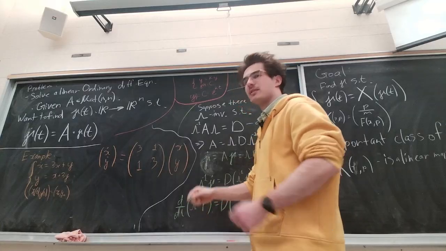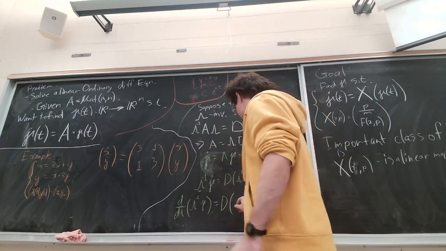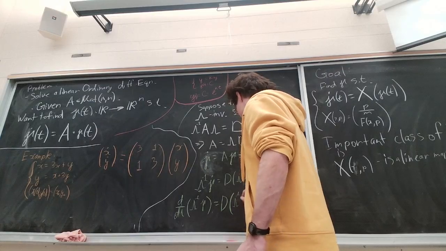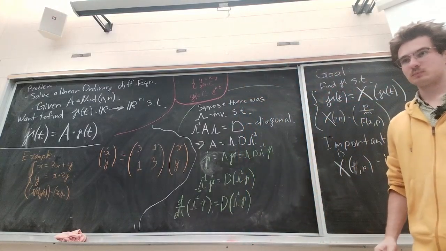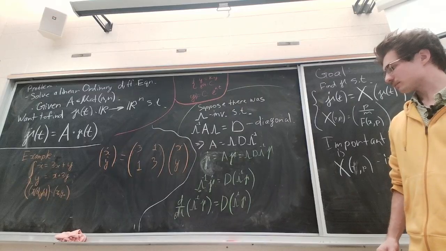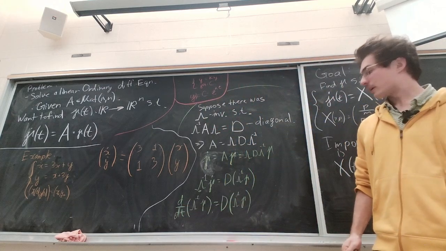Why? Because lambda itself is some fixed matrix. It doesn't depend on time. So I'm just taking some linear combinations. That should commute with my derivatives. Do you agree? Okay.